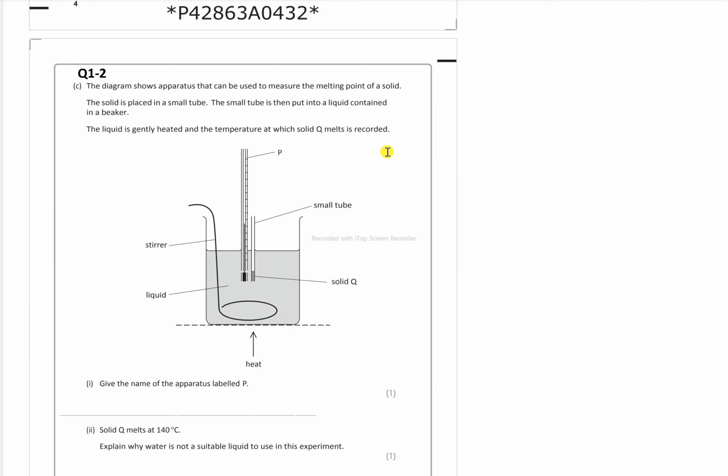Okay. So here you've got a beaker. This measures the thermometer. You've got something to stir, you've got the liquid, you've got the heat, you've got the solid that's going to melt, and you've got the gauze.